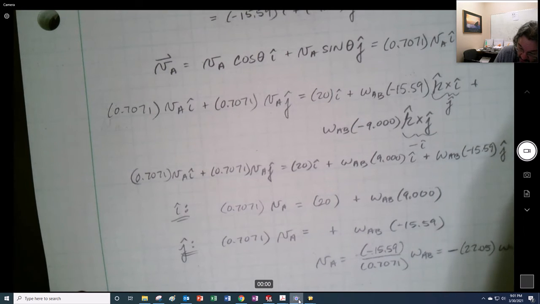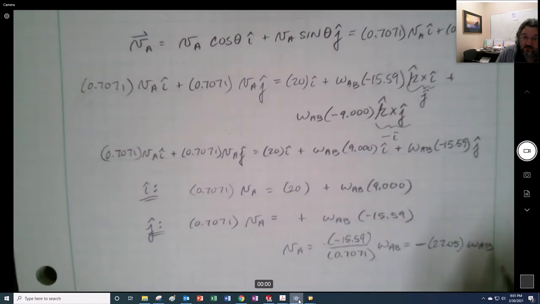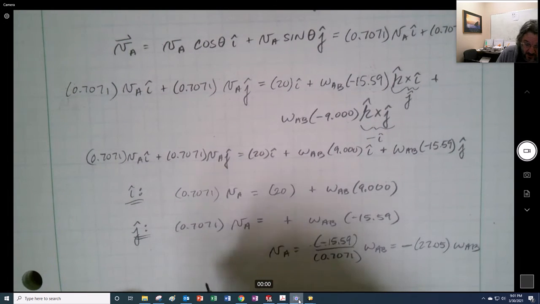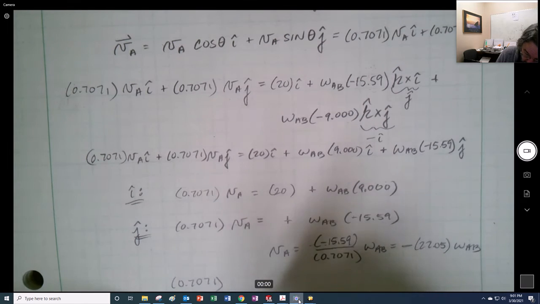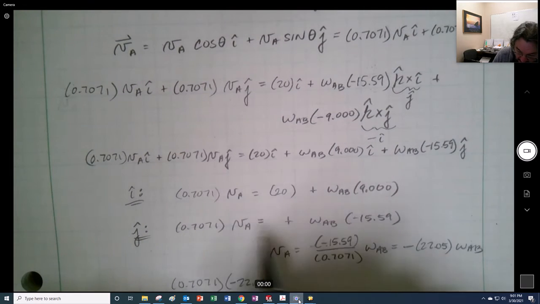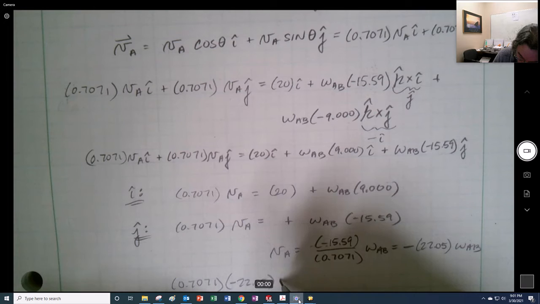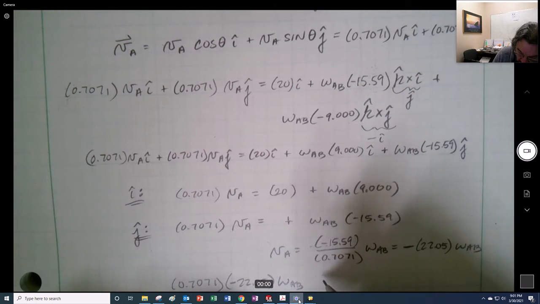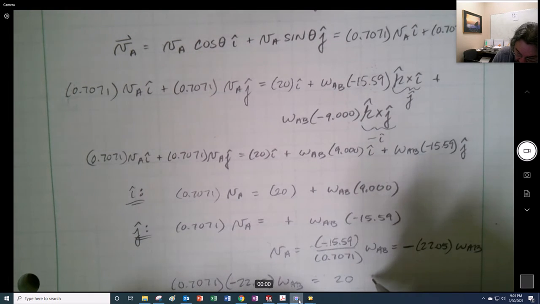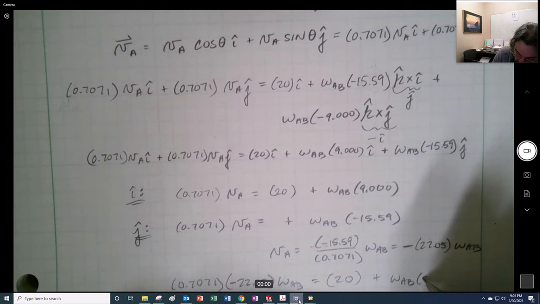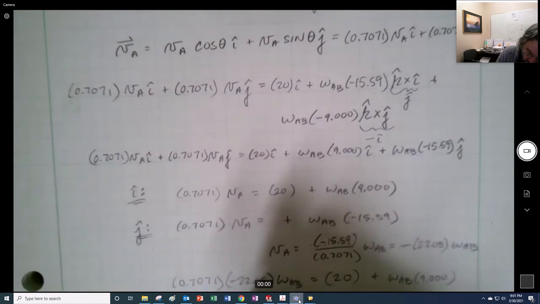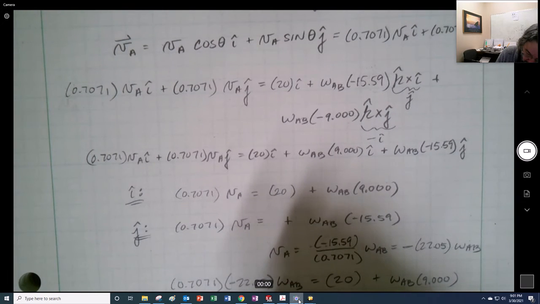22.05 omega AB. Put that back up into this up above, and 0.7071 times negative 22.05. Of course, we just divided, so we're going to multiply, but that's okay. Omega AB is equal to 20 plus omega AB times 9, and we'll get omega AB.